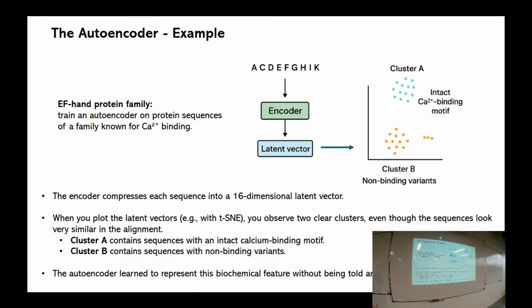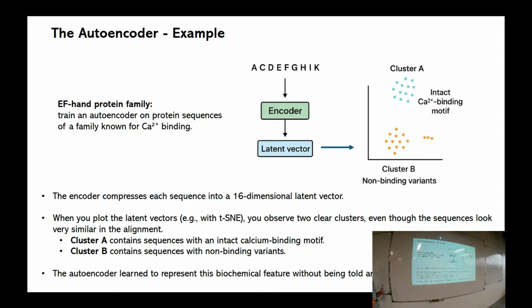And surprisingly enough, one group is calcium binding and the other group is not. So basically, even though we cannot see it by eye because the sequences are so close, this is useful to capture some features in the data that the model is capable of seeing. Probably, almost surely, because we went in high dimension before doing this compression.